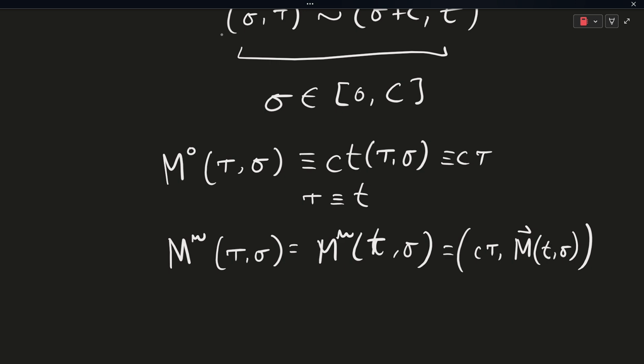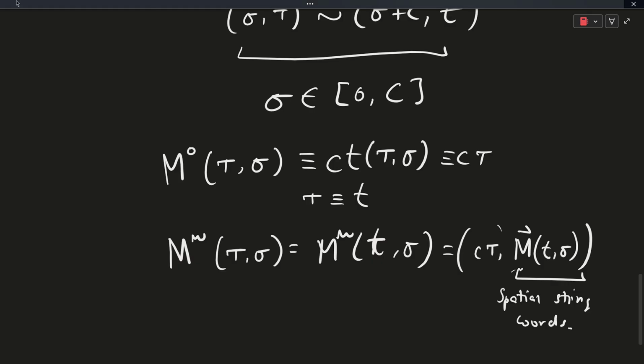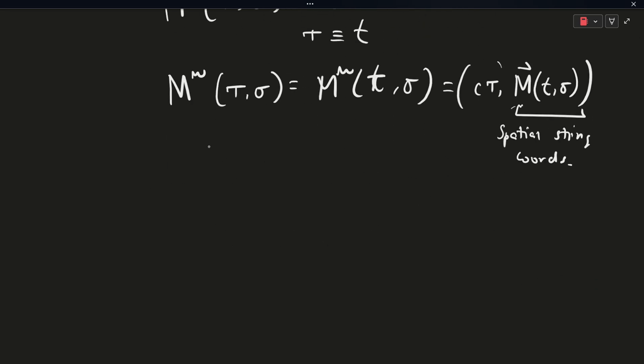If I let this vector represent the spatial string coordinates, then we find that the equations of motion give the derivative of my MILF string with respect to sigma.